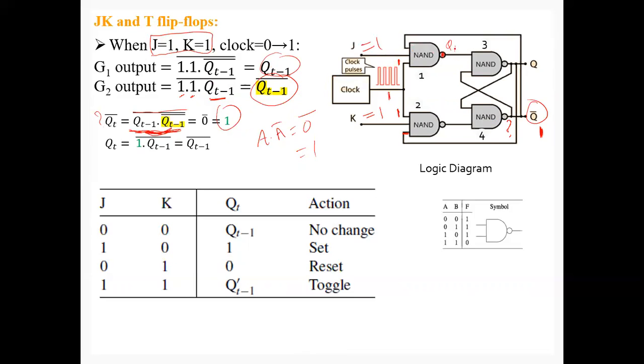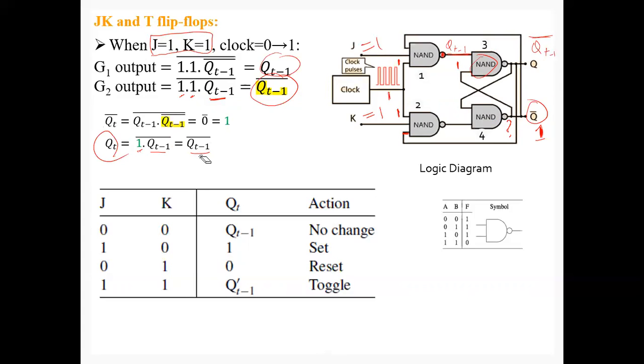Sorry, this is Q(t-1), right? So what is the input of this guy? One is Q(t-1), the other one is 1. We figured out this is 1. So what happens if you multiply this together? You get Q(t-1) bar. So your Q(t) will be 1 times Q(t-1) bar, whole bar, then Q(t-1) bar.